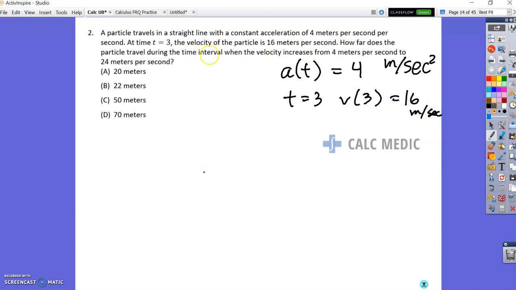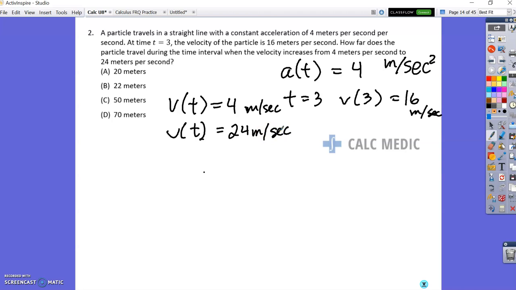How far does the particle travel during the time interval when the velocity increases from 4 meters per second to 24 meters per second? So velocity goes from 4 meters per second to 24 meters per second.